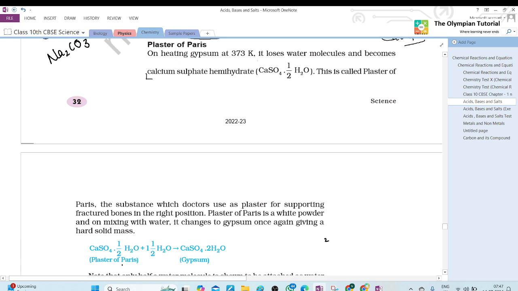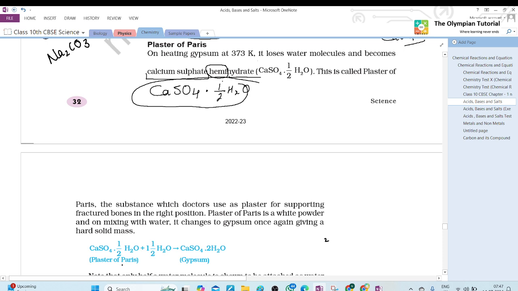It is calcium sulfate, a powdery mass. Calcium sulfate is CaSO4. And what is the meaning of the word hemi? Hemisphere, have you ever heard? Half. And hydrate means half a molecule of water. This is the water of crystallization here.